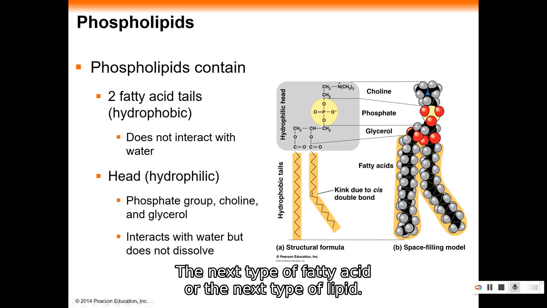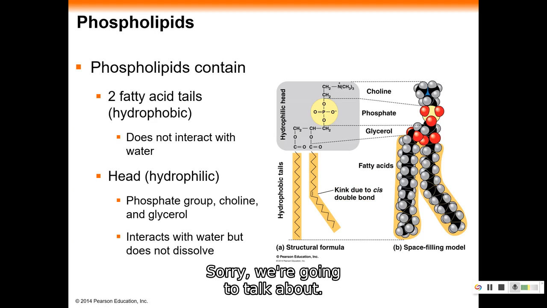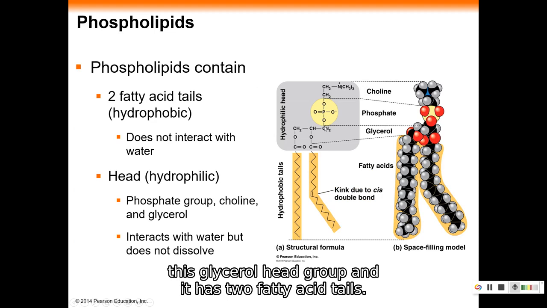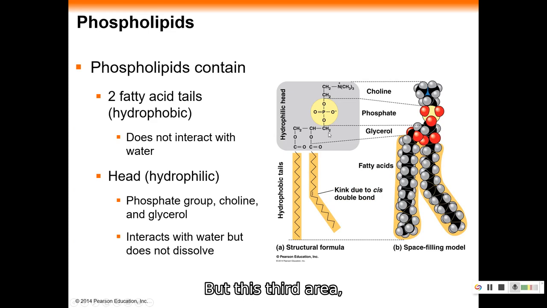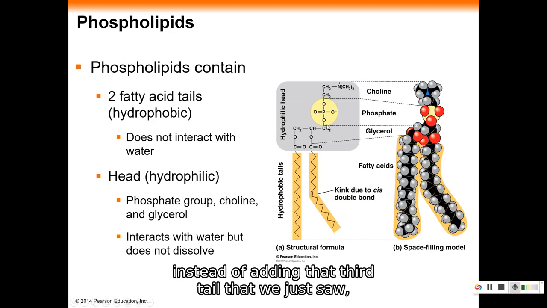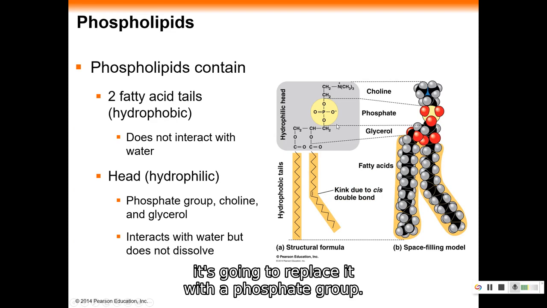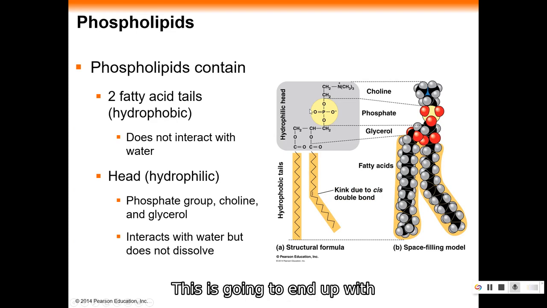Okay, the next type of lipid we're going to talk about are phospholipids. So a phospholipid has this glycerol head group and two fatty acid tails, but instead of adding that third tail that we just saw, it's going to replace it with a phosphate group.